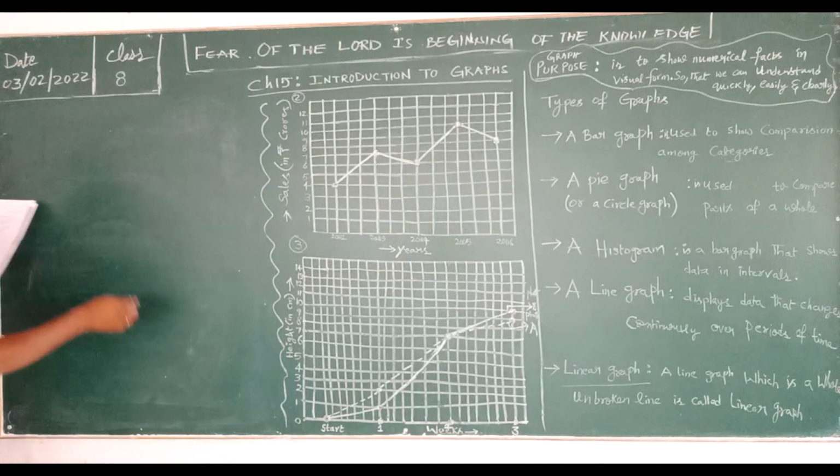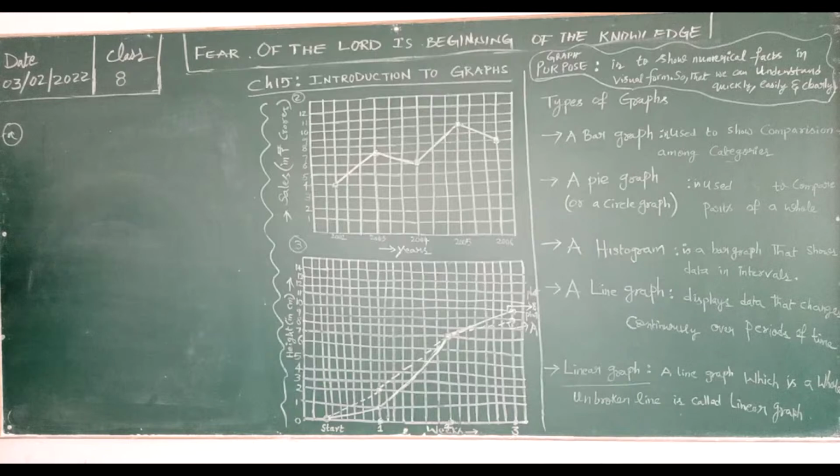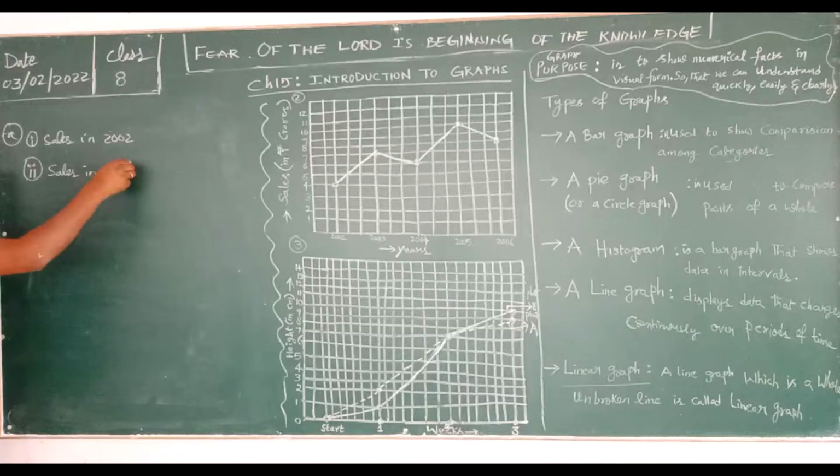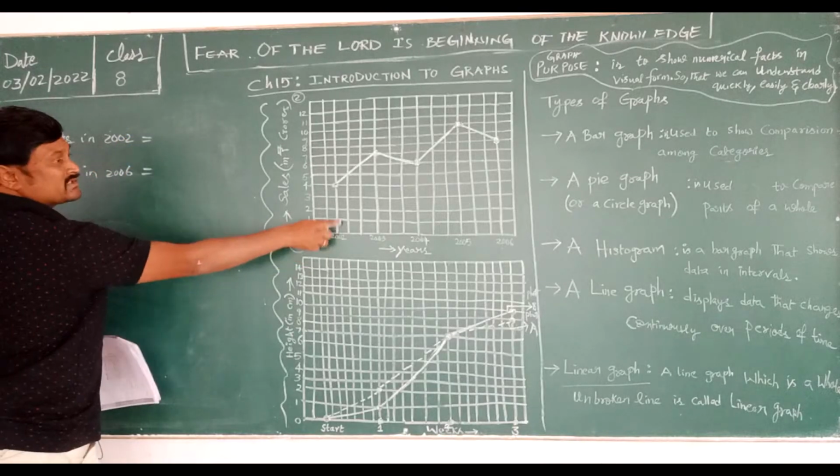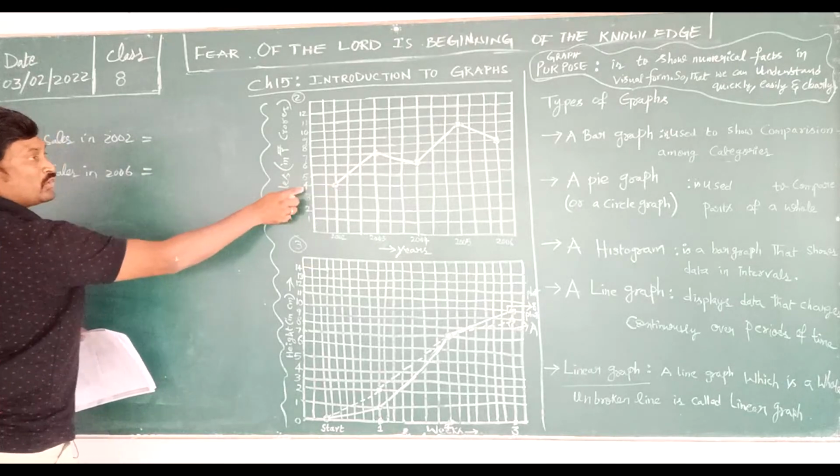I'll ask you all, you need to tell. What were the sales in 2002 and 2006? In part A, the first is sales in 2002 and the second is sales in 2006. What are the answers? Can anyone tell? 2002 is how much here? 4 crore.